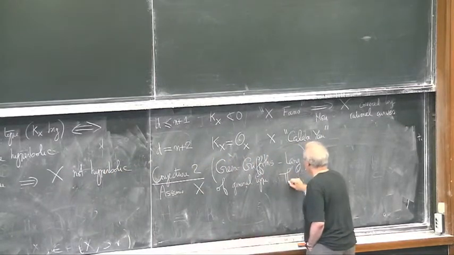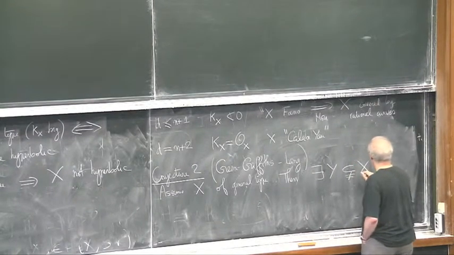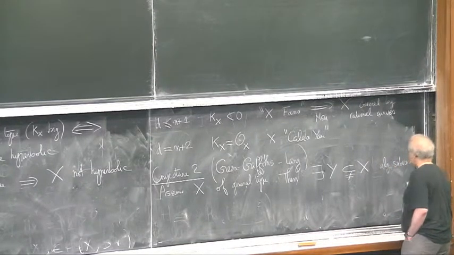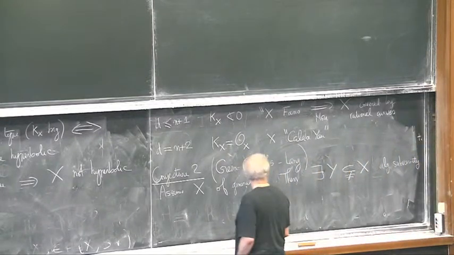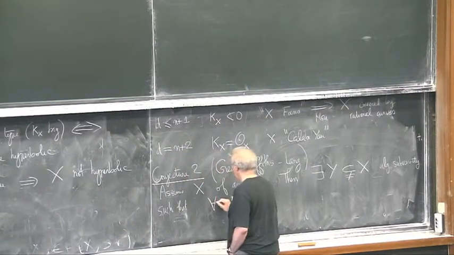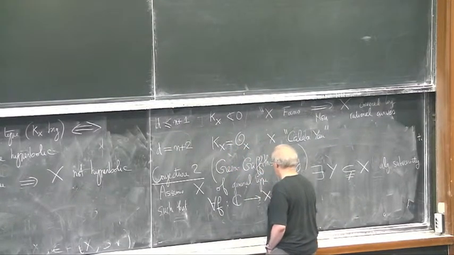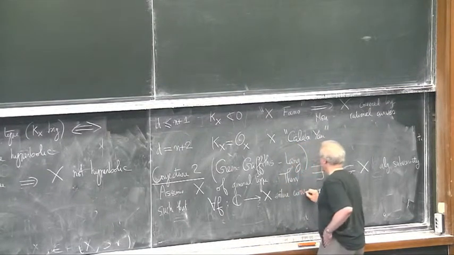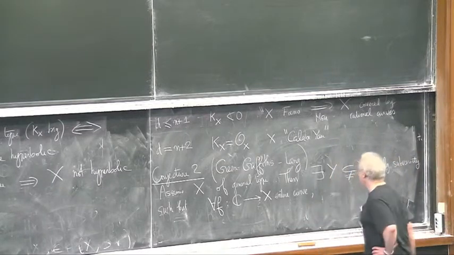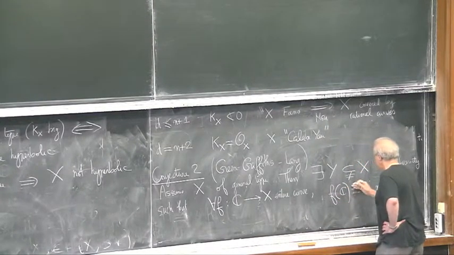Then there should exist a proper algebraic subvariety, so here we are in the absolute case, such that for every entire curve, it has to be located in this subvariety. So in other words, it cannot be Zariski dense.